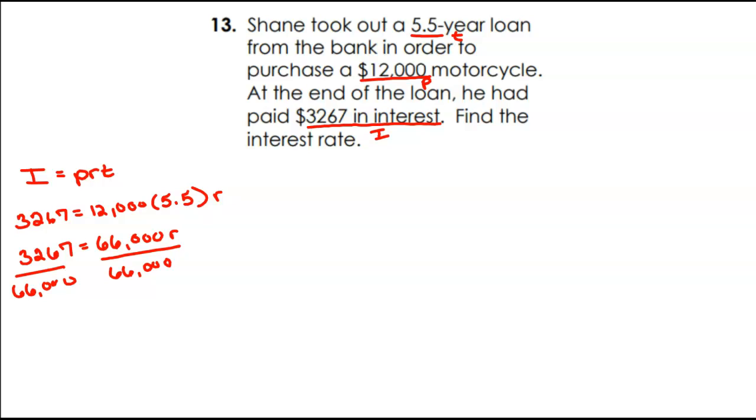And I end up with 0.0495 for R. I've still got to turn this into a percent though, so I got to move my decimal 2 places to the right, and this is going to give me an interest rate of 4.95%.